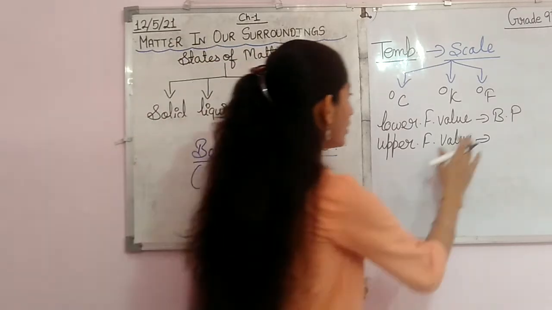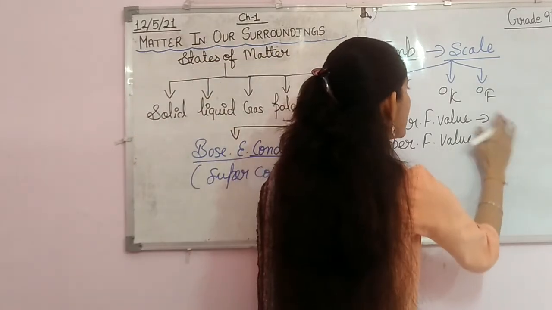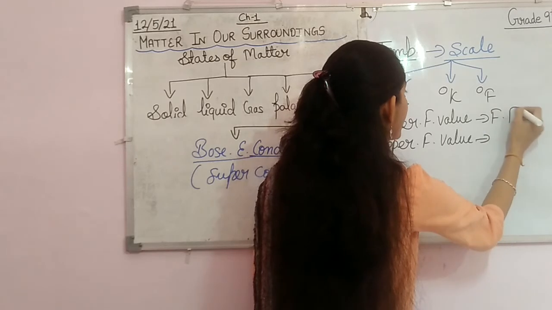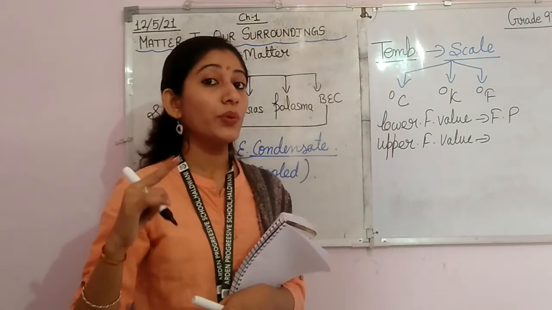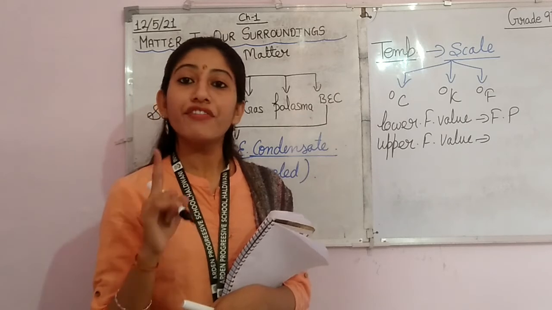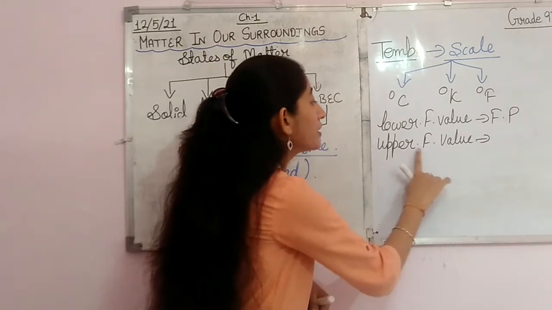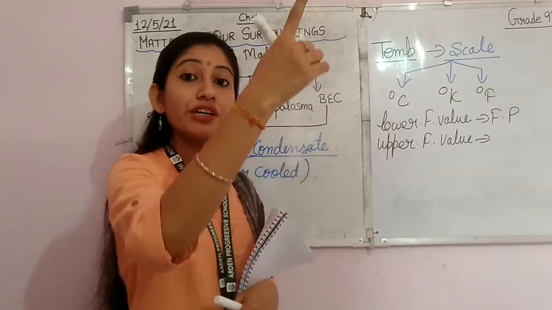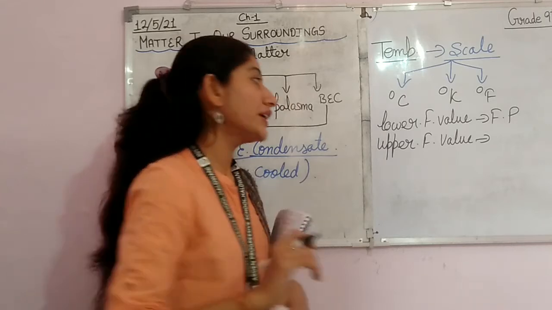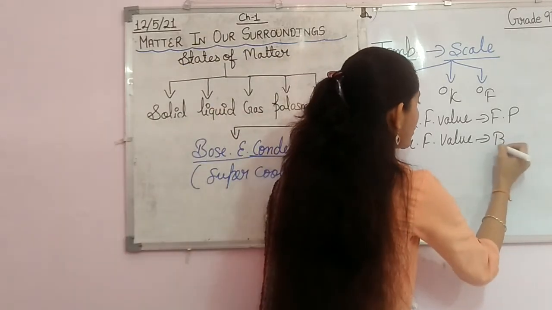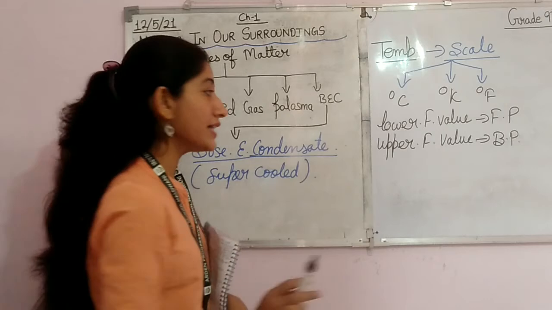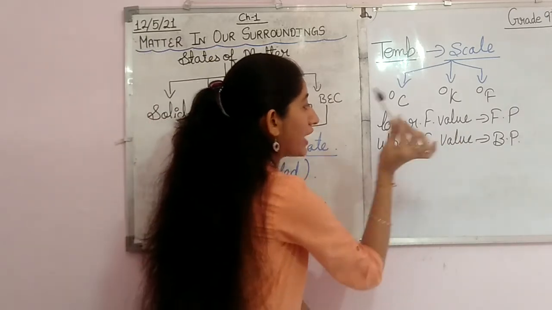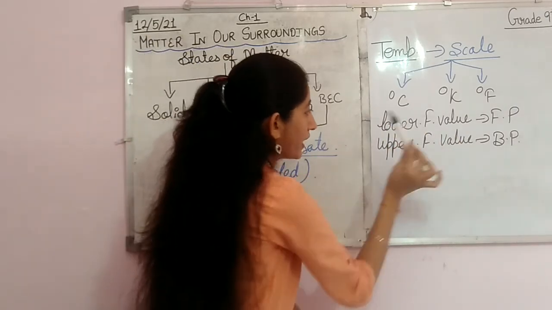I think I have written wrong. Lower fixed value means freezing point, because at the lowest temperature it will cool the thing, it is the freezing point. And when we talk about the upper fixed value, it will increase the temperature, so it is the boiling point. First you must know that every scale has its lower fixed value and upper fixed value.